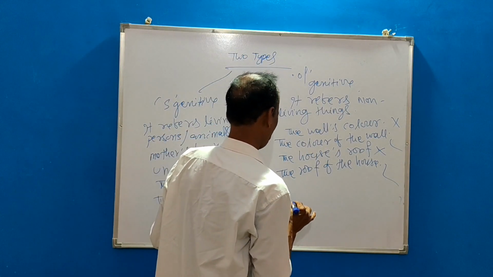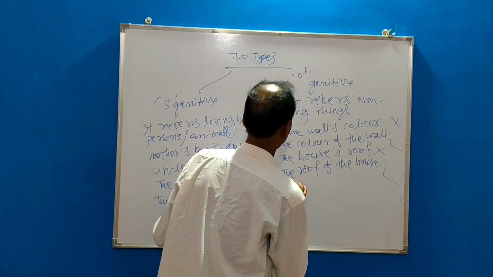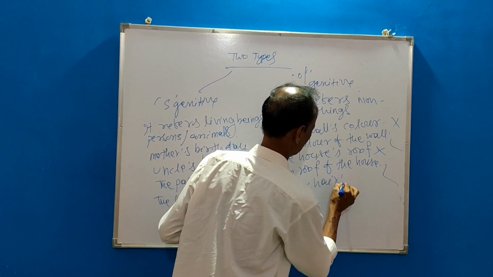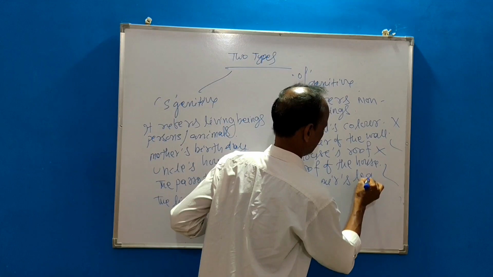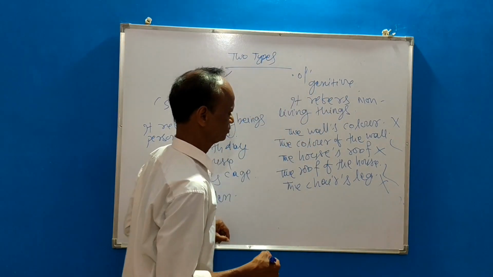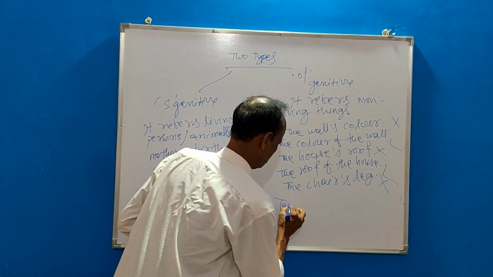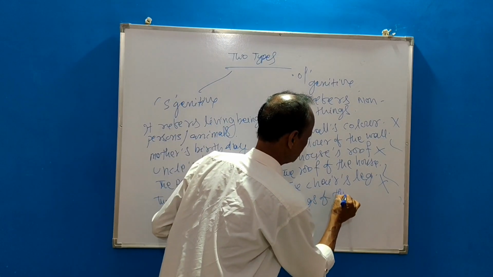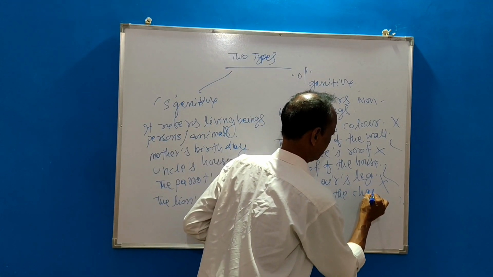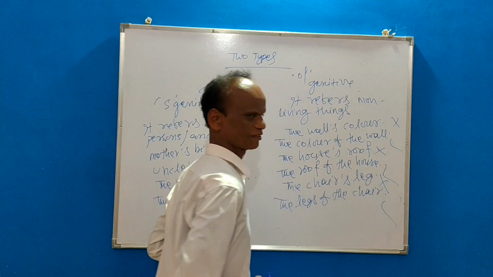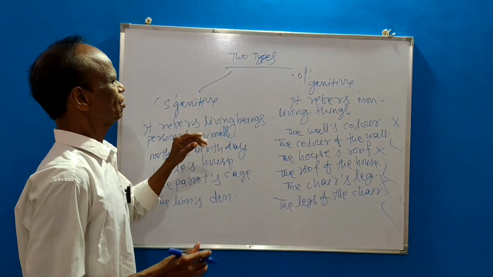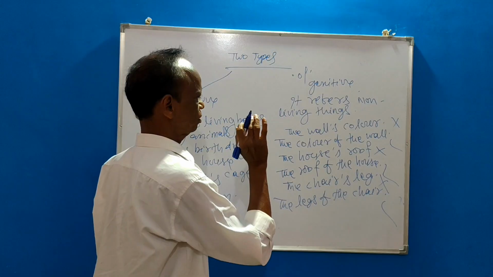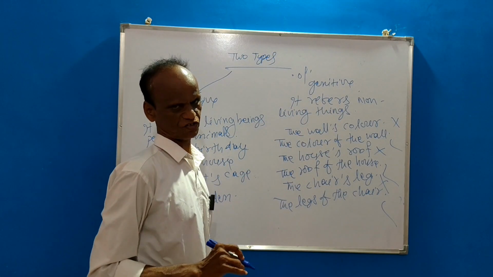Another example, the chair's leg. It is wrong. The legs of the chair. It is correct. So, of genitive form of noun is used for non-living things.